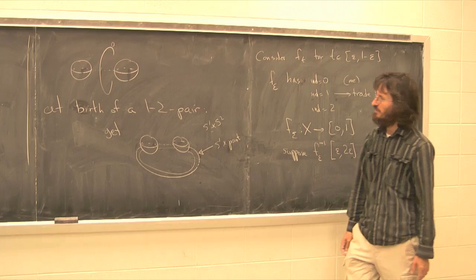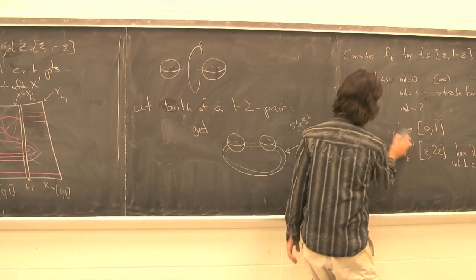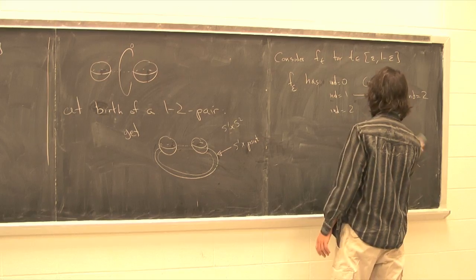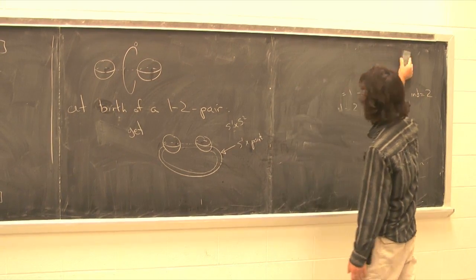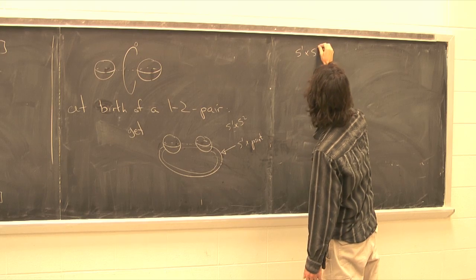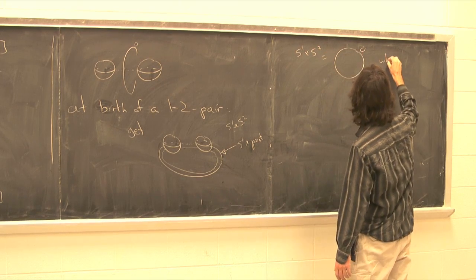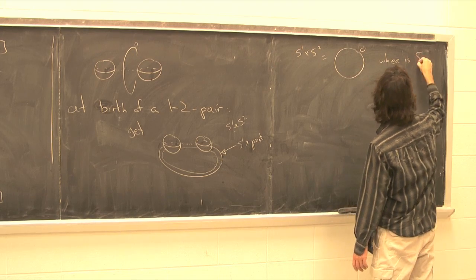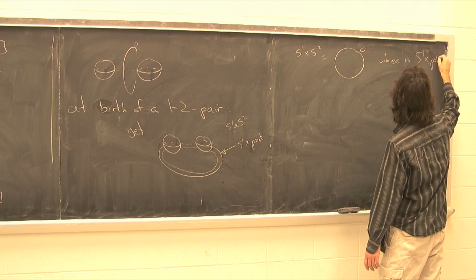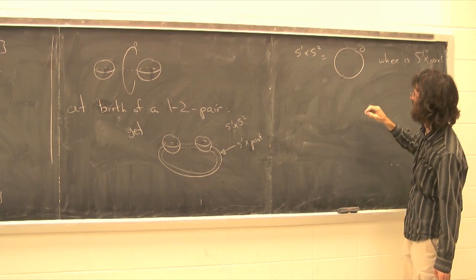Now we can try to understand what S1 cross a point looks like in the zero surgery on an unknot picture of S1 cross S2. So if we draw S1 cross S2 as this, then where is S1 cross a point? It links that guy exactly.